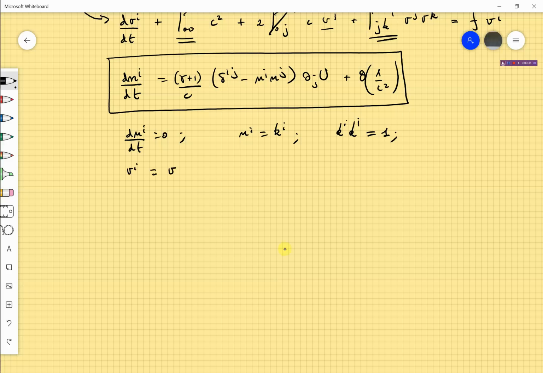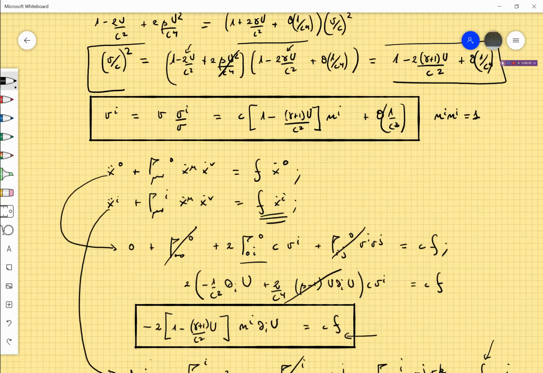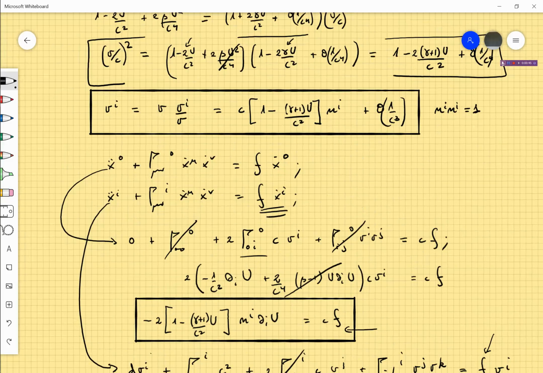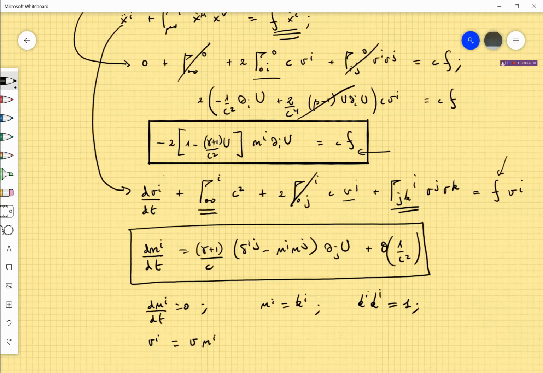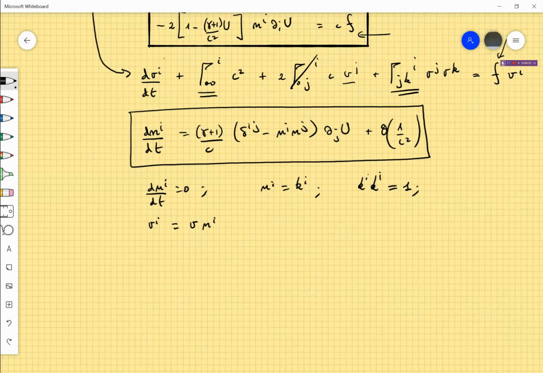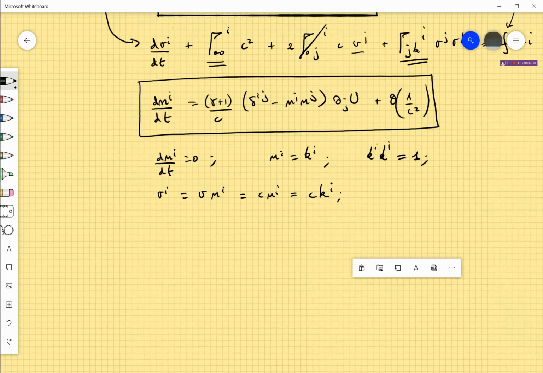Remember that v^i is just v times N^i, but v is this expression here, c times 1 over, and the next term is of higher order, 1 over c squared, so this is just c. So this is c N^i, and in the end this is c k^i to this order. Now you integrate this and you find that x^i, remember that this is dx^i over dt.